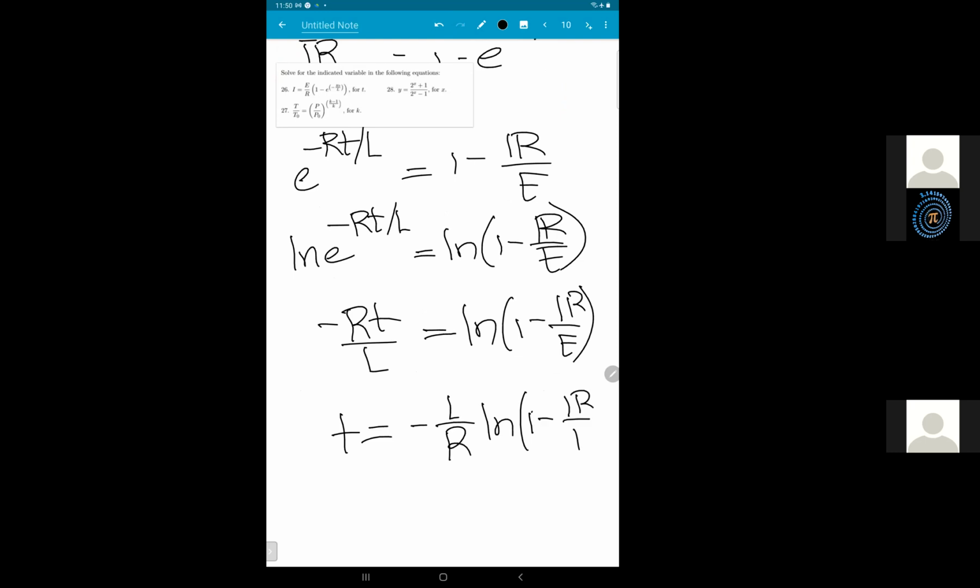Or sometimes you may simplify the fraction there using the LCD. There. That's t. Okay, any question on this?